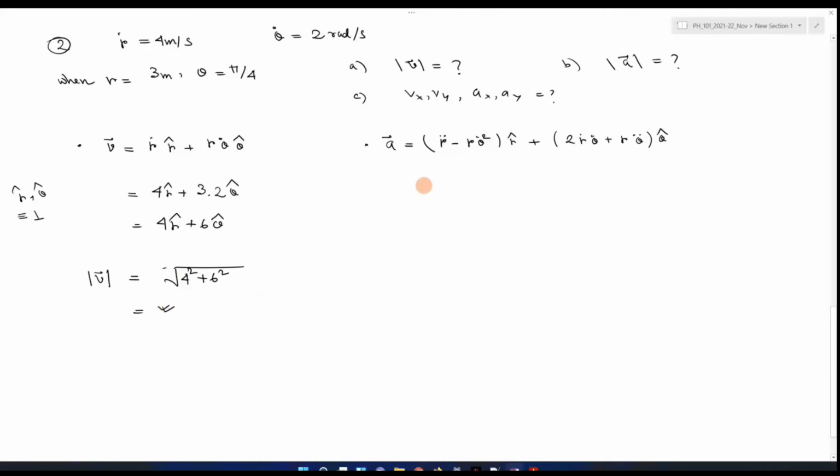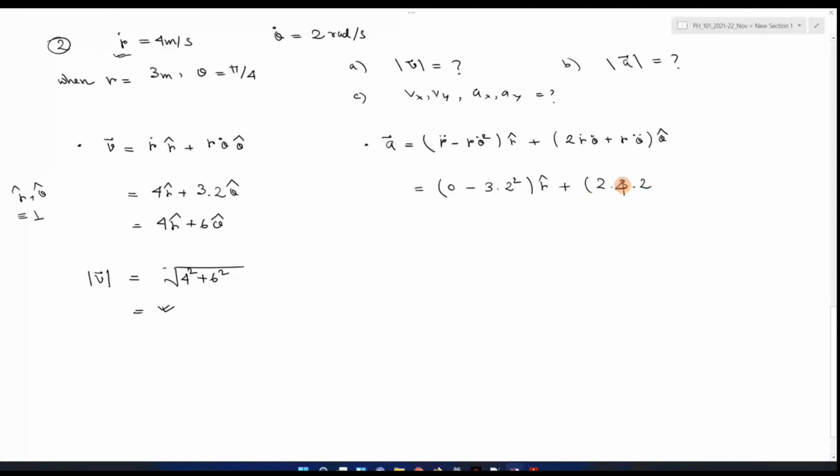How to find A now? What is r double dot? 0. r double dot is 0, because the radial velocity ṙ was constant. That's why r double dot will be 0. Good. r is given to us, θ dot is 2, square, r cap, plus 2 into 3 into 2. Sorry, 4.